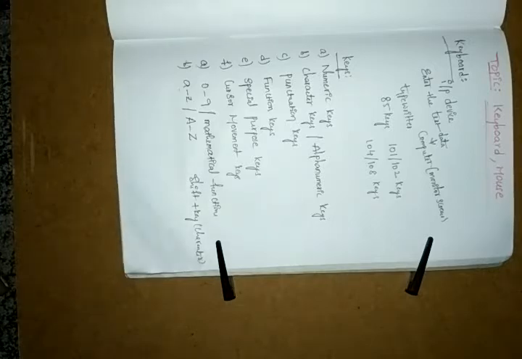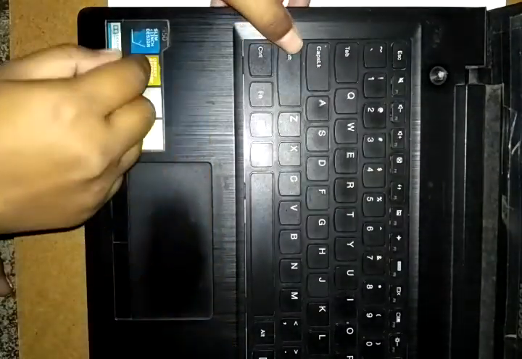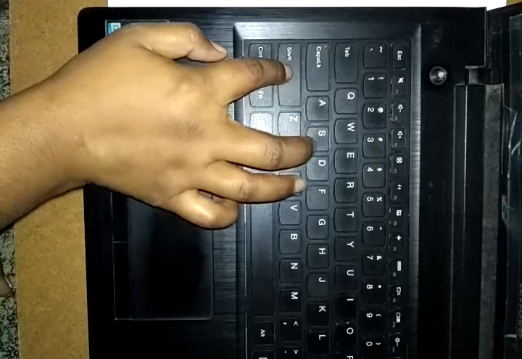Suppose you are entering A, then shift plus A. Plus means you don't click the plus; at the same time you have to press the two keys. Suppose I need to enter A, directly you press shift plus A. At the same time we press, so it takes the capital letter. Don't use the plus here.